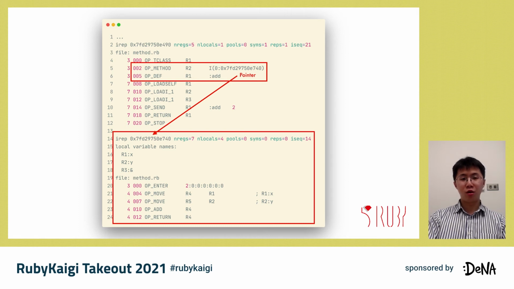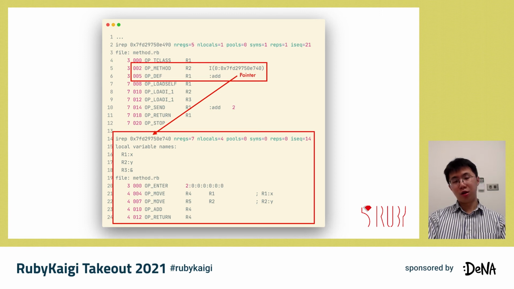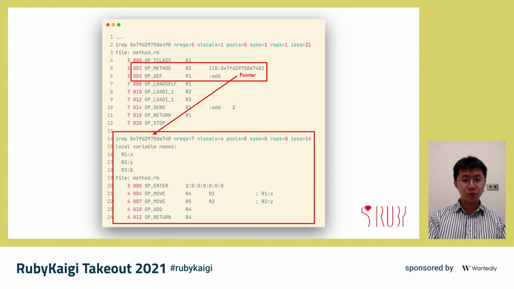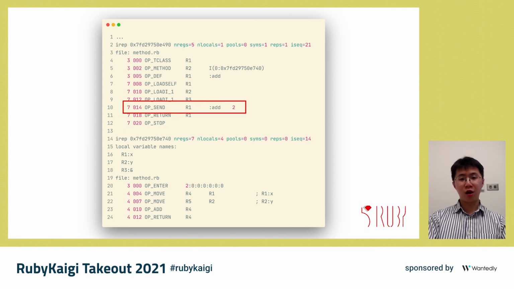This OP code points to another method address, and this address is our method body. This method body is a new IR inside our program, with the detailed logic for our customized method. After we find it, we can call it, and we use our method reference to run our add method.